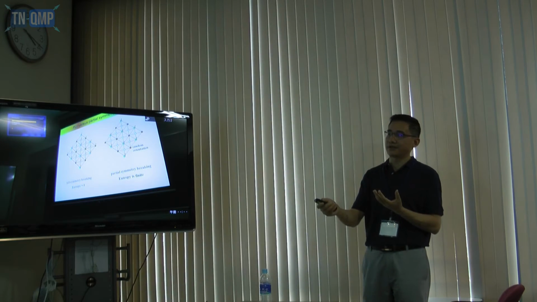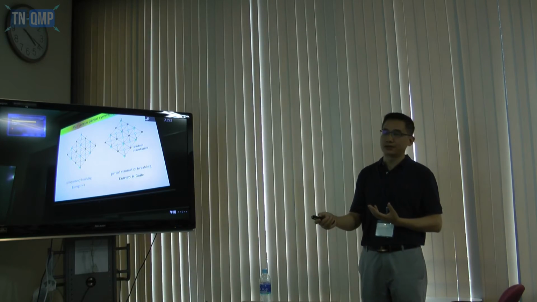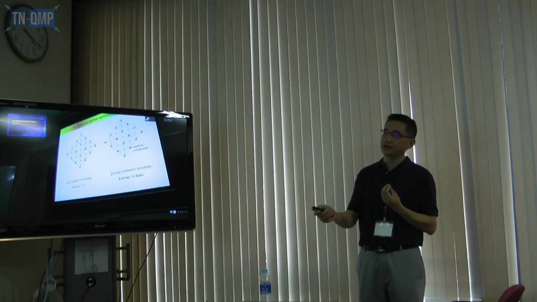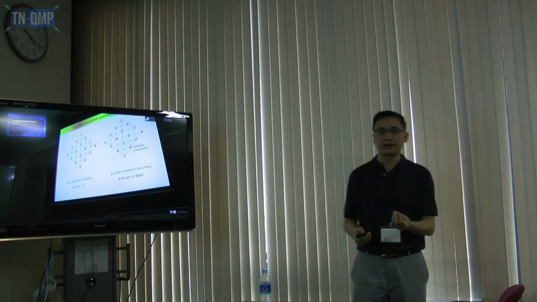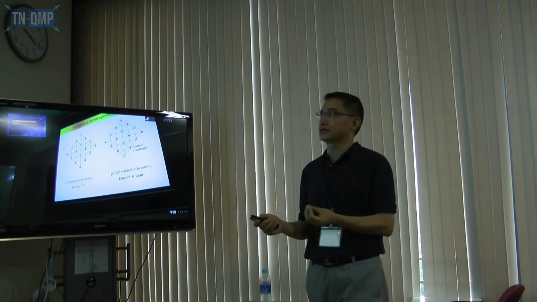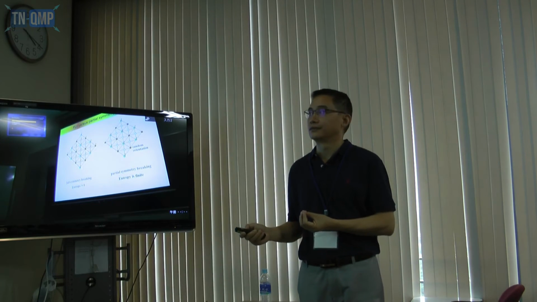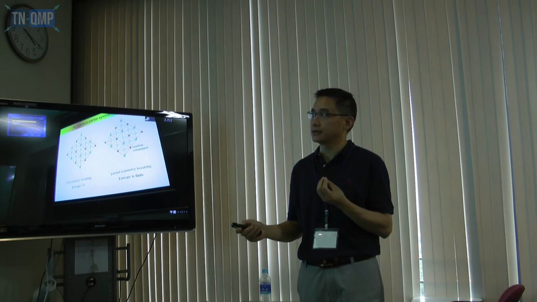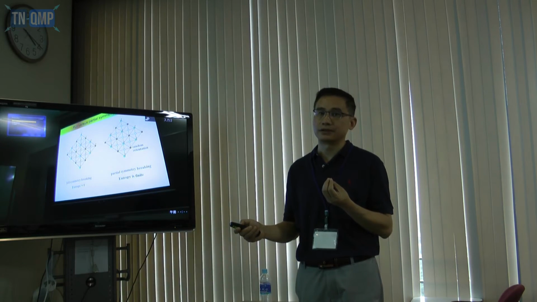Actually, in this system, we can have partial symmetry breaking. It becomes, for example, ferromagnetic only in one of the sublattices, but not in the other sublattices. It can be in the blue sublattice, or the green sublattice, or the red sublattice.